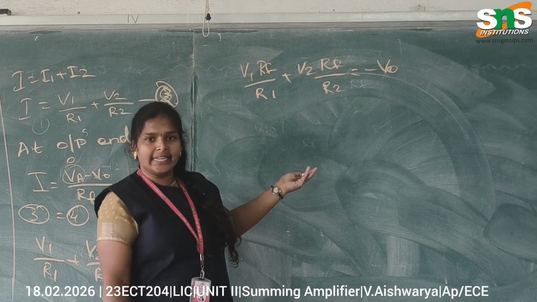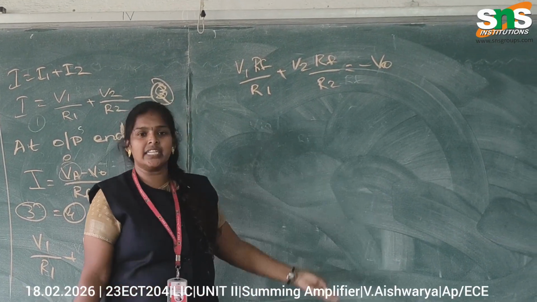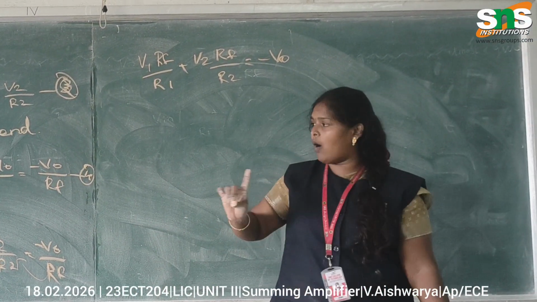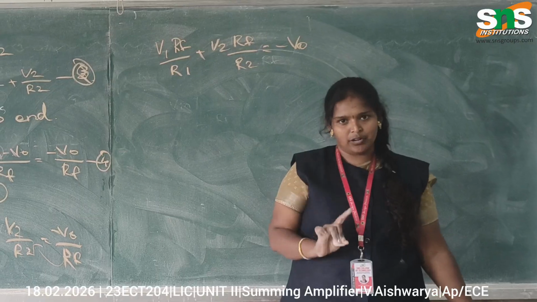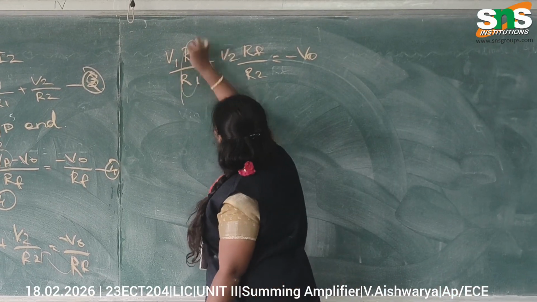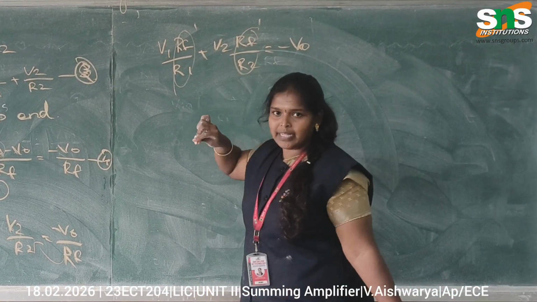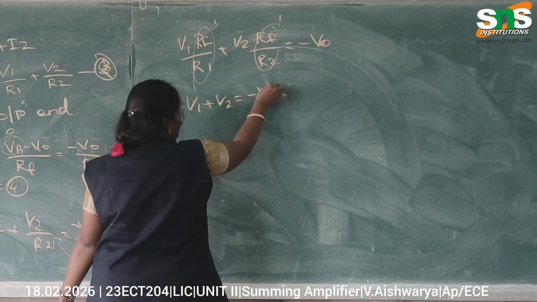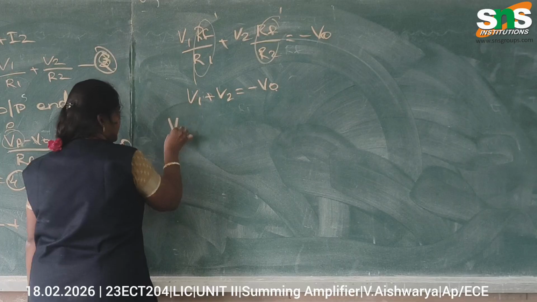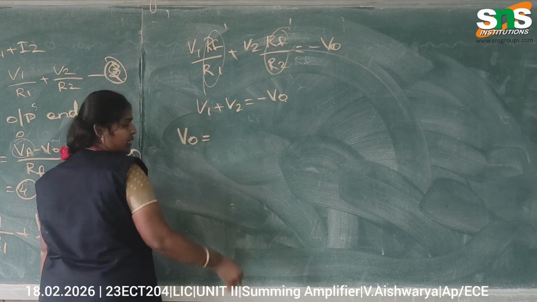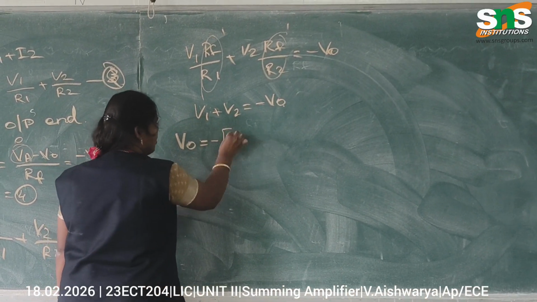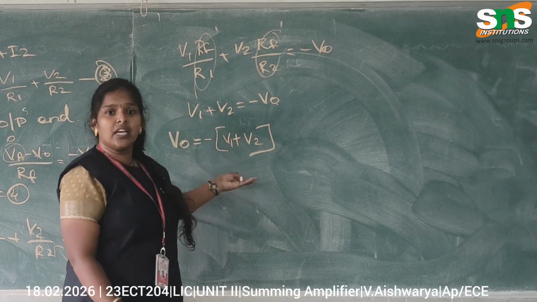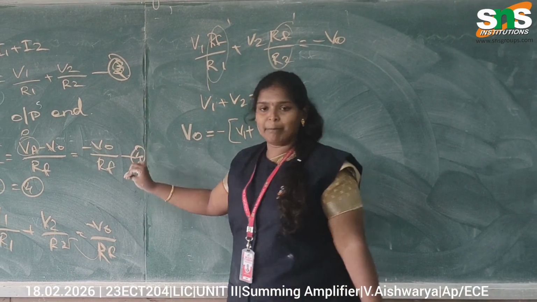In this condition, I will take all resistance values as the same, that is 1. So V1 plus V2 equals minus V0, that is V0 equals minus of V1 plus V2. This is our inverting summing amplifier.